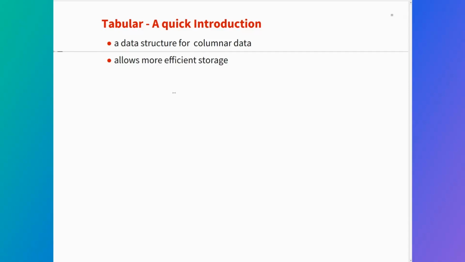So Tabular is a new data structure that is optimized for the storage of columnar data. A lot of the stuff that we do now, Dataset and lists of lists, put rows first, which does the job, but often in big datasets you might have columns of data where the column has a particular data type, and by storing the data as columns you can do that more efficiently if it's all the same type.